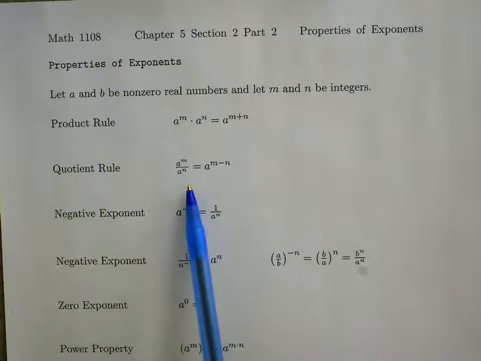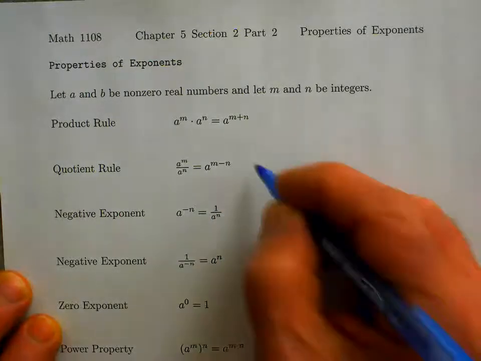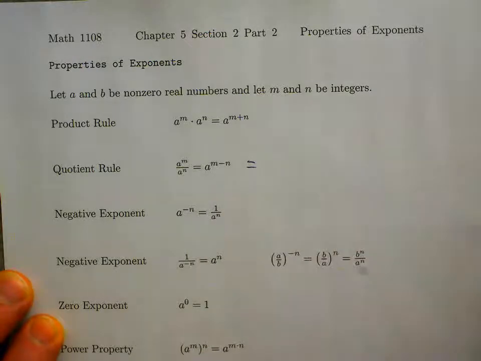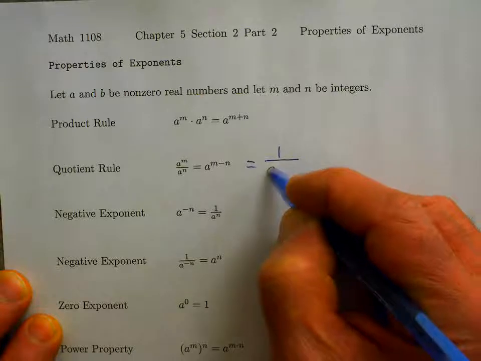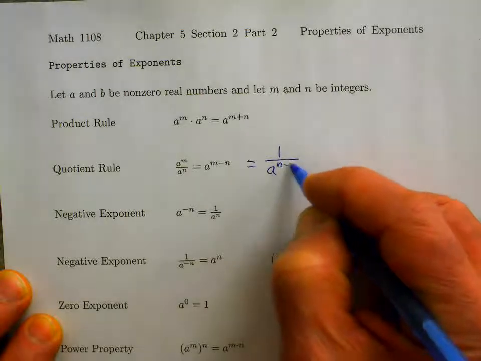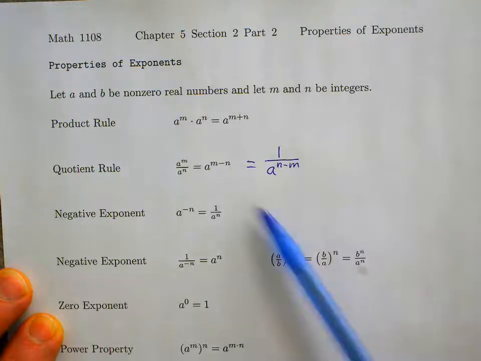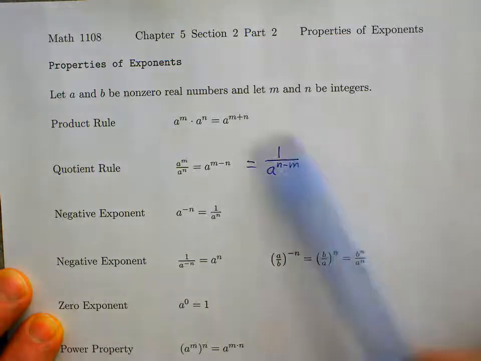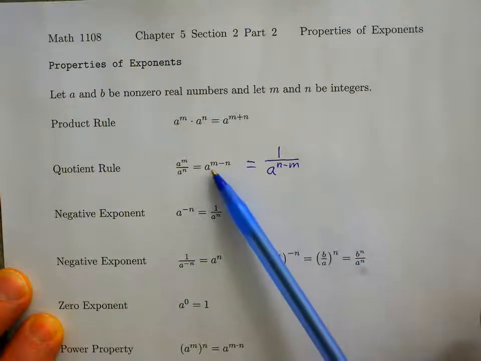The quotient rule, if you're dividing A to the M by A to the N, you can simplify that to A to the M minus N. I'll just note that this is also equal to 1 over A to the N minus M. You might want to do it this way if N minus M is positive and M minus N is negative.